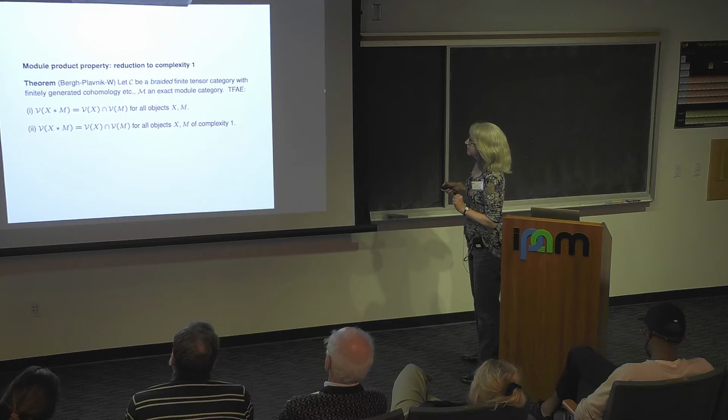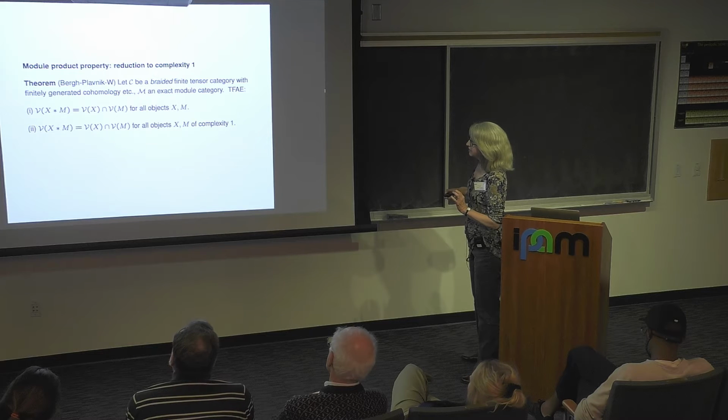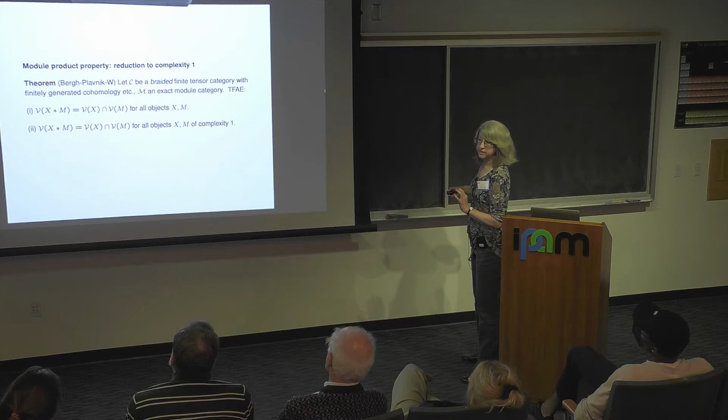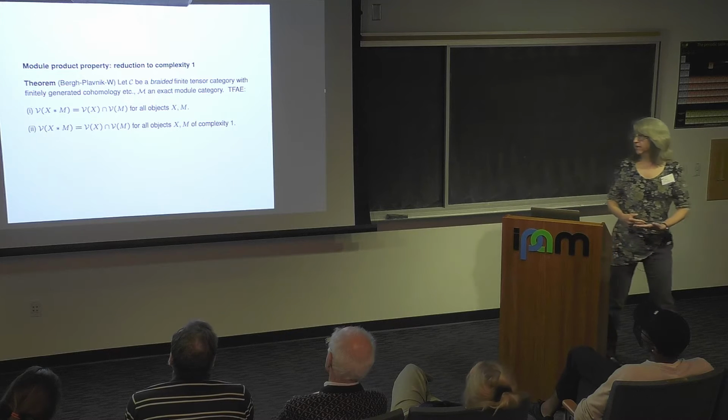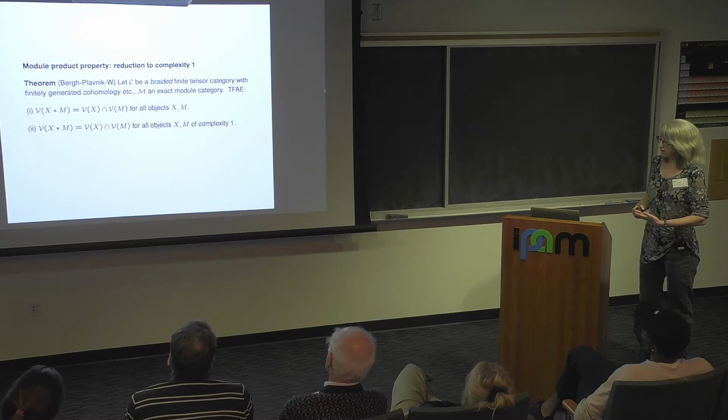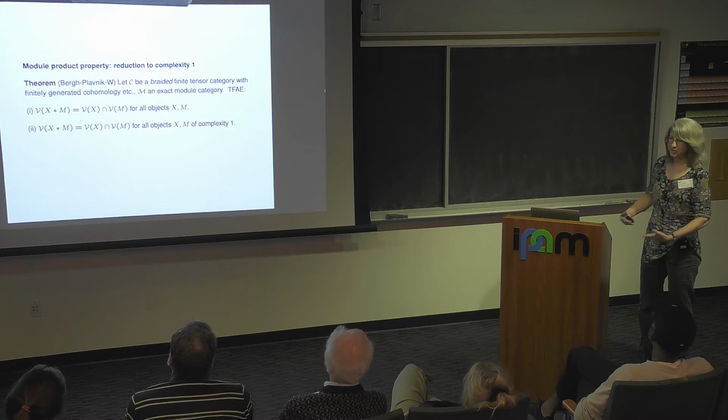So the following are equivalent. The variety of this module product is the intersection of the varieties for all objects X and M. That's equivalent to saying that it's true for objects of complexity 1. So that's a reduction to complexity 1, which on the surface looks like it might be really helpful.